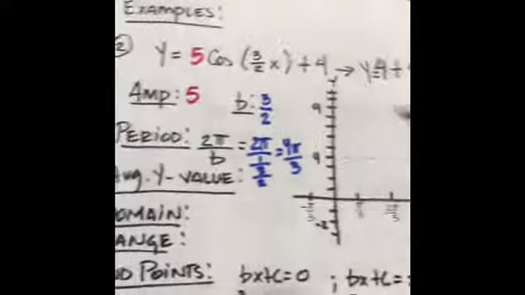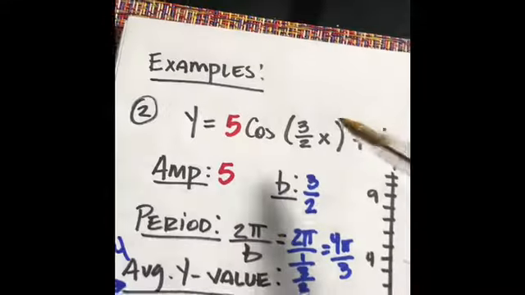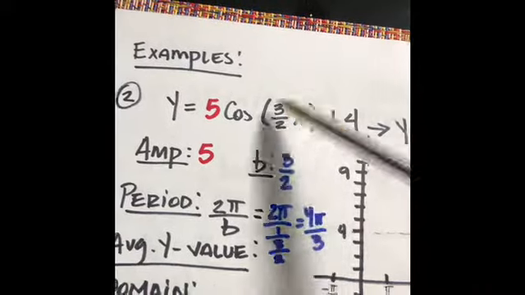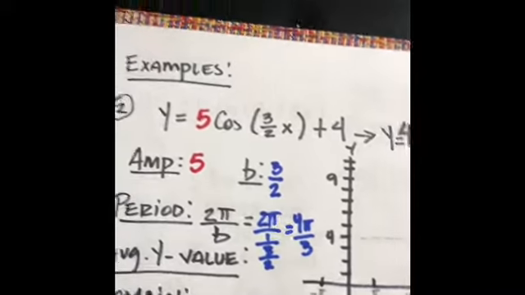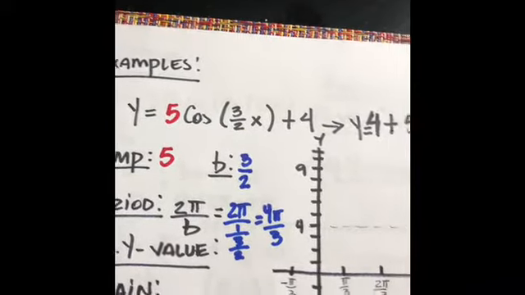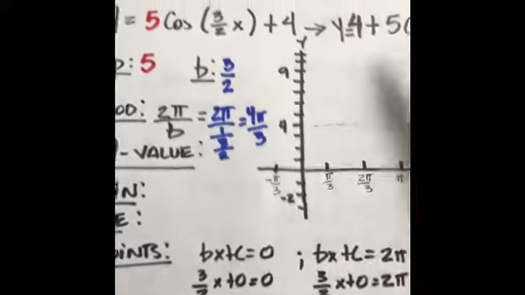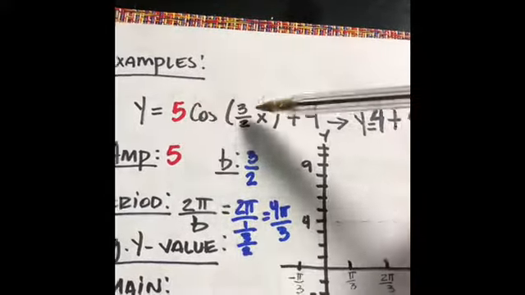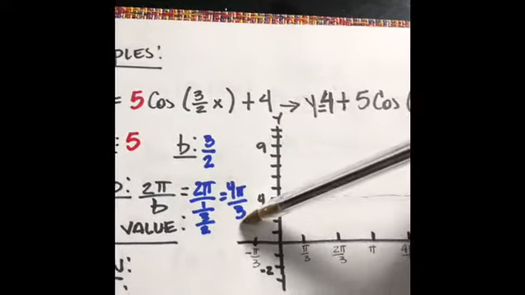Now the endpoints. Let's remember that I am enclosing everything inside of a box. So I go to the endpoints. Remember that this part of the equation, 3 over 2 x, which is inside of the parentheses, is going to be giving me the endpoints, at least the x-coordinate of the endpoints. So in this case, let's go back to the equation. This equation is telling me an amplitude of 5, a b of 3 over 2, which gives me a period of 4 pi over 3.